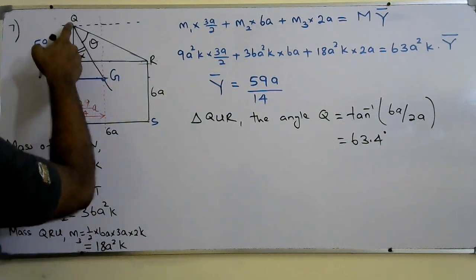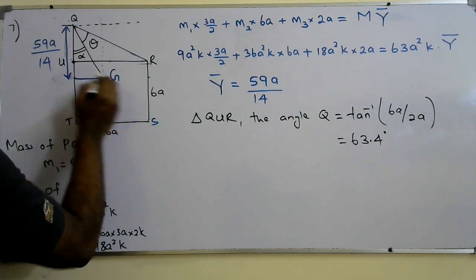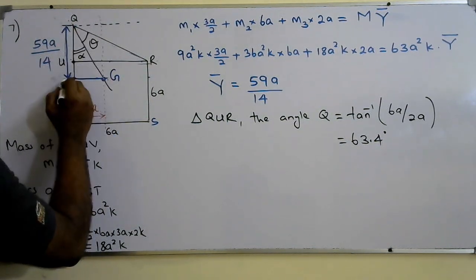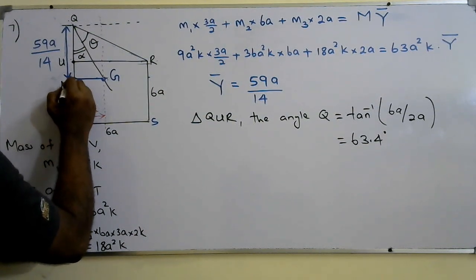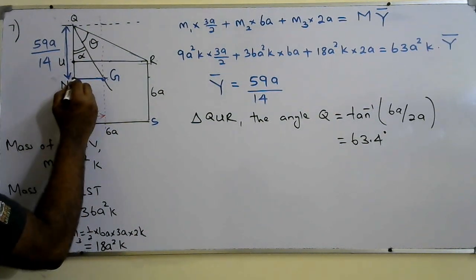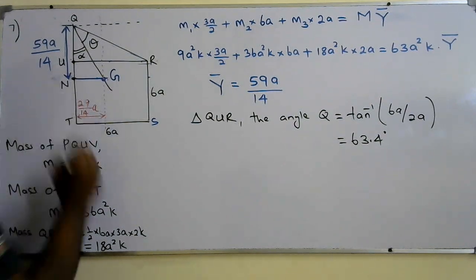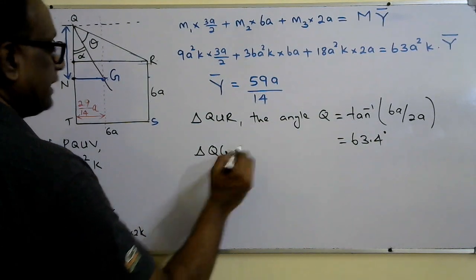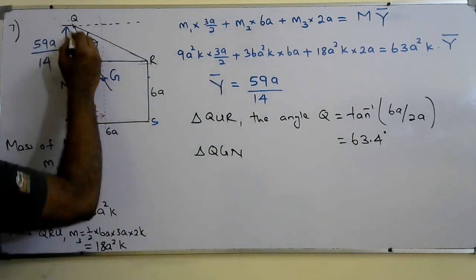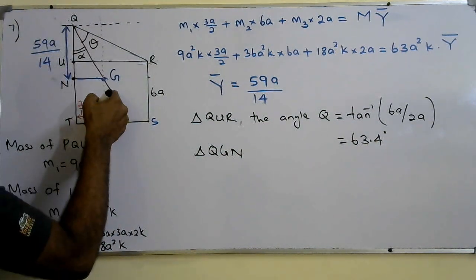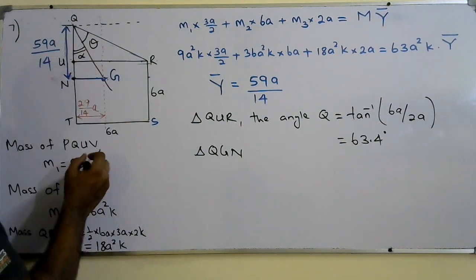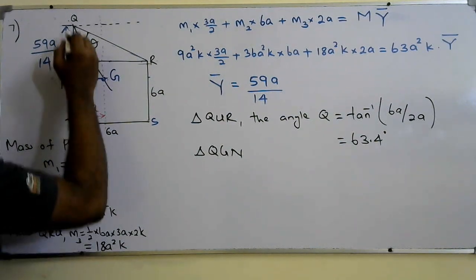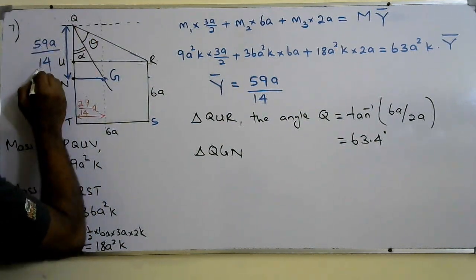In this triangle QG, this point where the horizontal line cuts, let it be N. In the triangle QGN, because this is the line, it will become vertical. With that line, we need to find the theta. So the center of mass is here. This length we know, 29 over 14. This line length we know, 59 over 14.